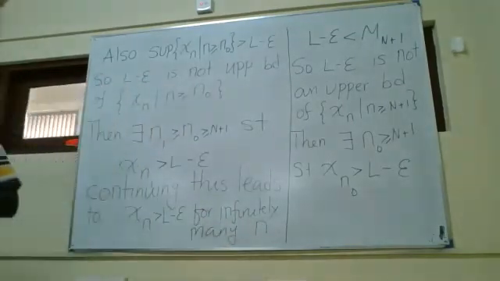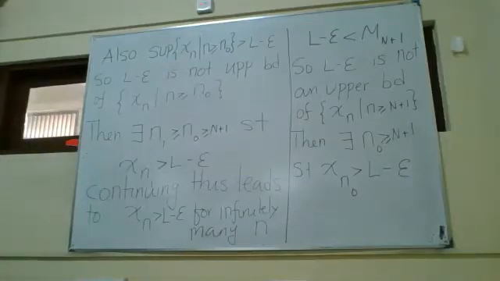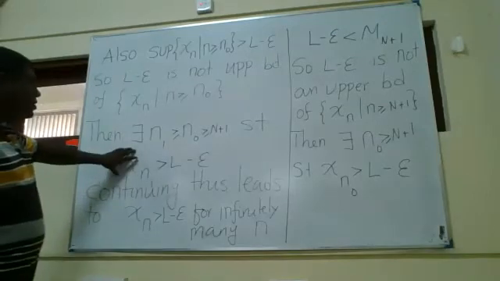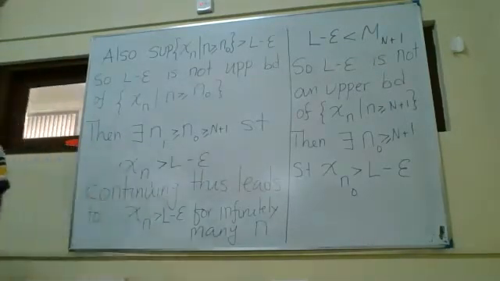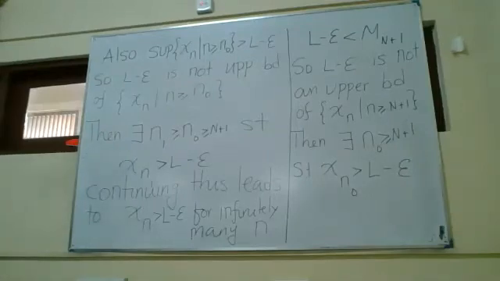Right, so if you continue doing this, you can keep picking xn1, xn2, xn3, xn4, xn5, and so on, right? So that means eventually you will pick infinitely many numbers, right? So for all those terms of the sequence, L minus epsilon is less than xni. Right? So that means you can even pick infinitely many n such that xn is greater than L minus epsilon. So we prove one part, right?